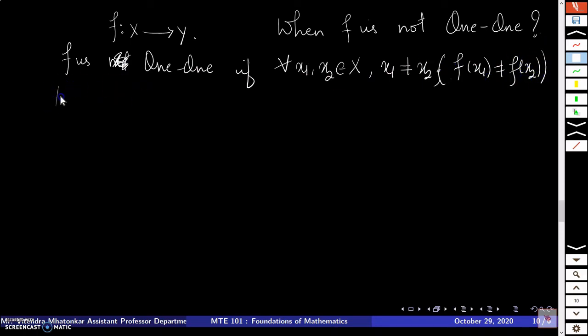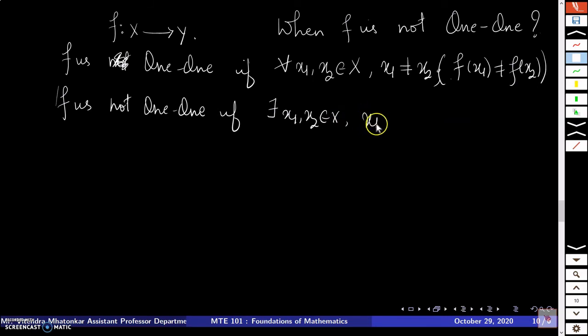Now I want to negate this. So when will I say that f is not 1 1? F is not 1 1 if, you have to negate this now, there exist points x1 and x2 in X which are different, but the images are same.